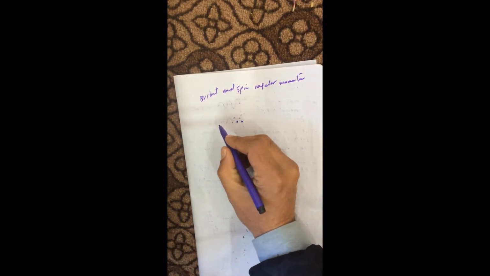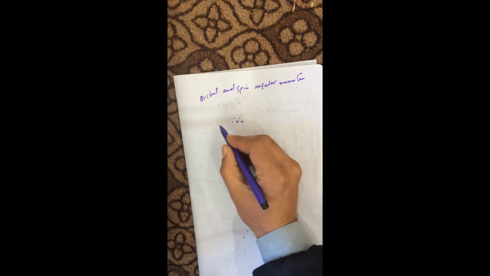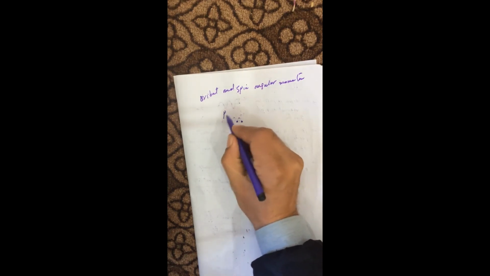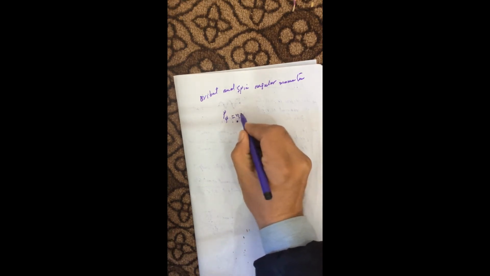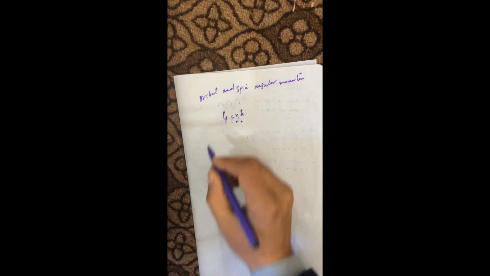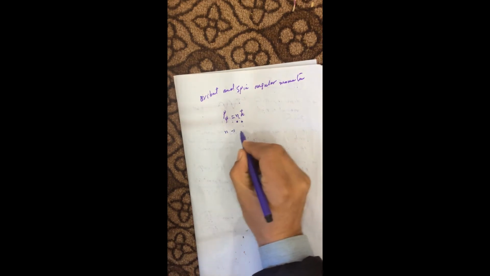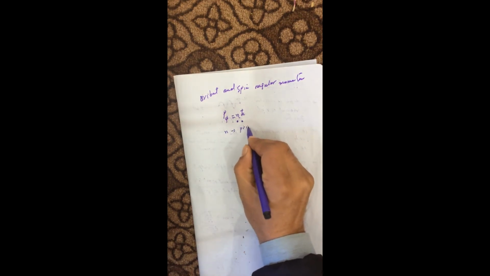Like in Bohr theory, we know that the angular momentum, which I represent by P of phi, is an integral multiple of h bar, where n is the principal quantum number.